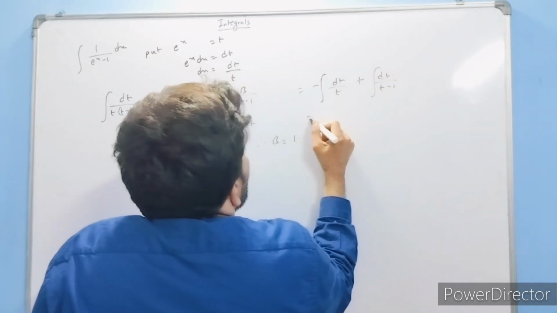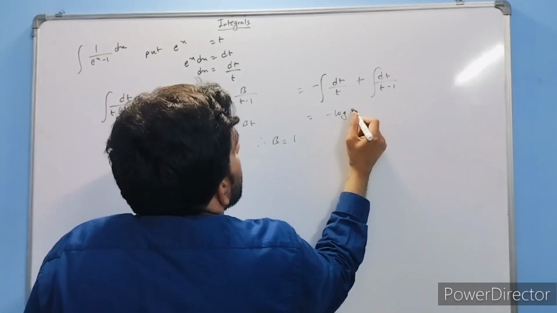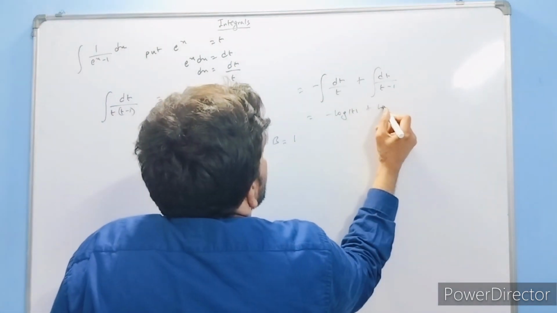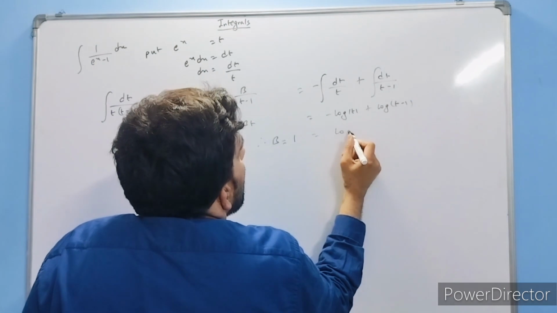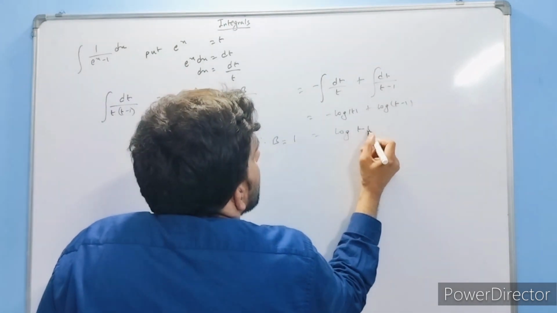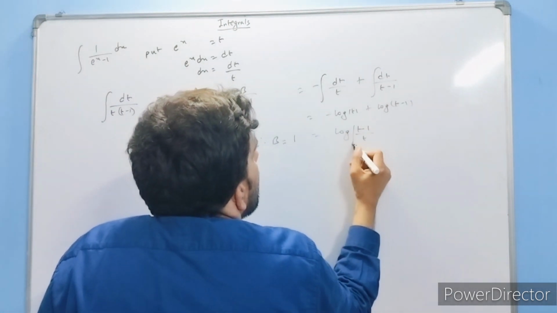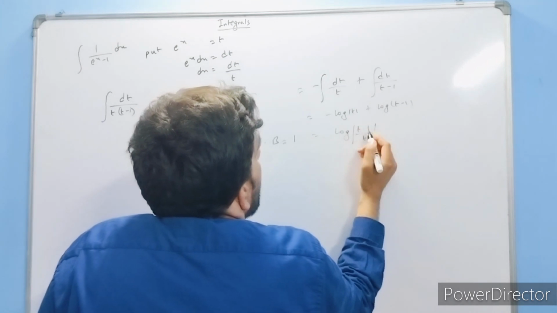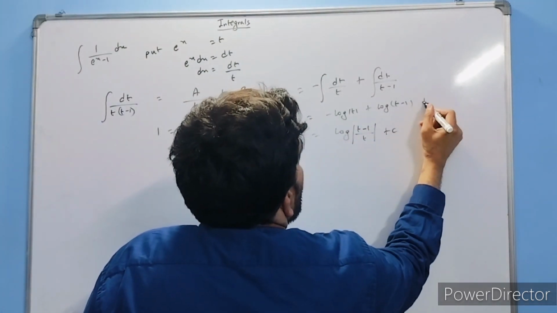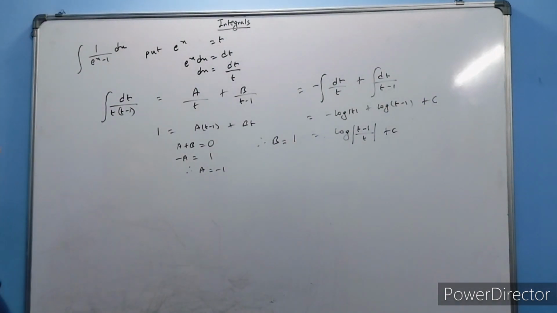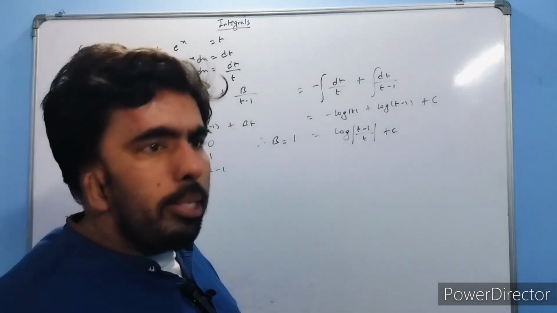So now I will get minus log t plus log t minus 1, or I can put it like this, log of (t minus 1) upon t. Likewise, we can easily solve the numerical based on partial fraction.